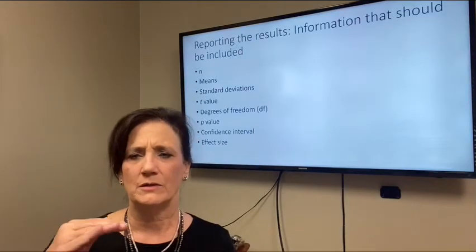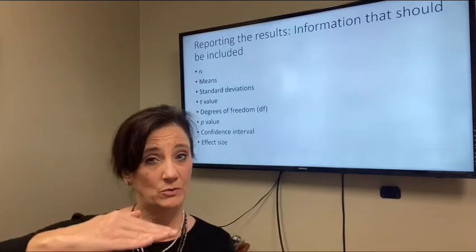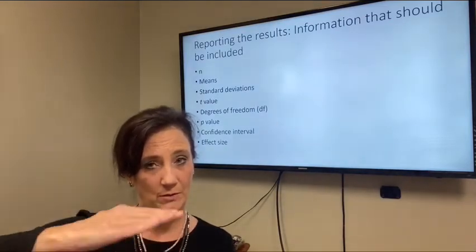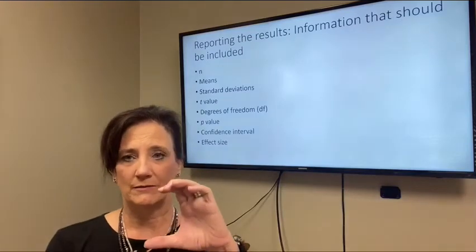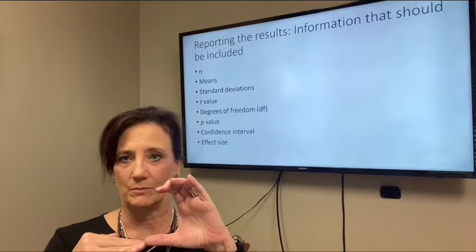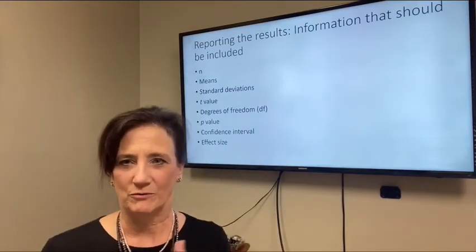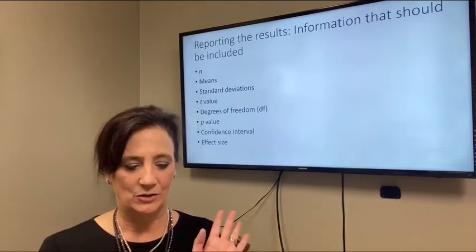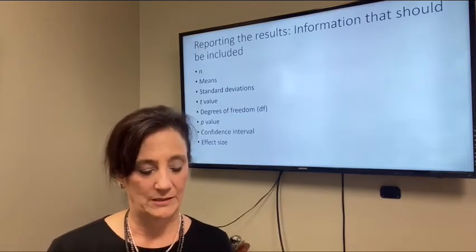And I don't think I've said this yet in the video, but degrees of freedom is usually presented as subscript information. So that's toward the bottom, subscript information beside the T. So you would have the T, and then you would have your degrees of freedom as a subscript number beside that. Actually, that's probably a little bit backwards for you, but your T, and then to the right of that would be the subscript for degrees of freedom.